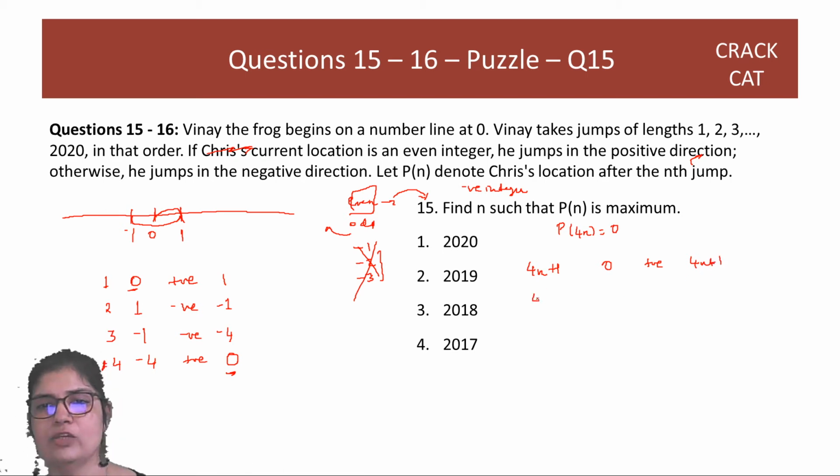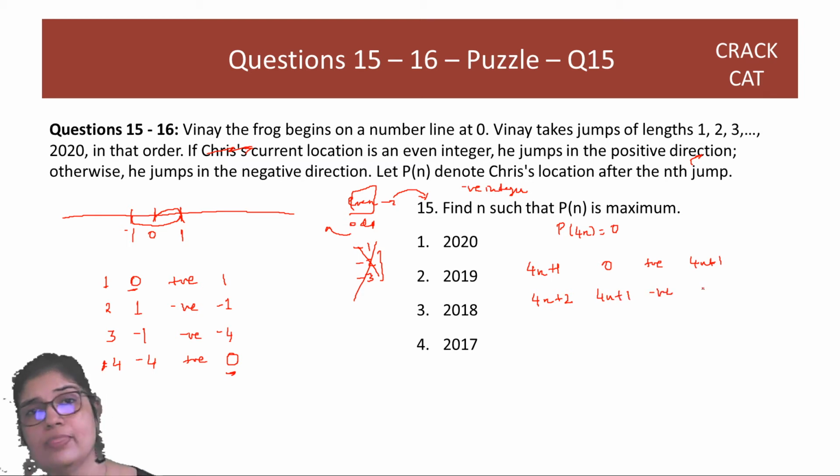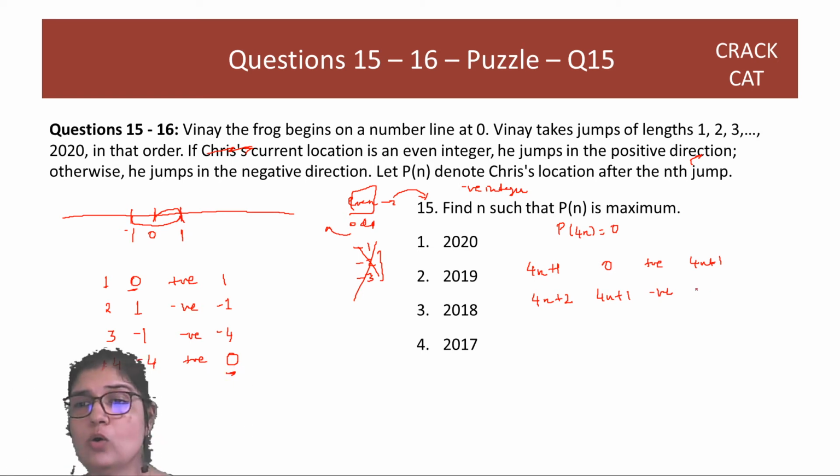Then when you have to jump 4n plus 2, you are at an odd number, so the direction will be negative. So you will jump 4n plus 2 on the negative side, and that becomes -1. It will always be -1.